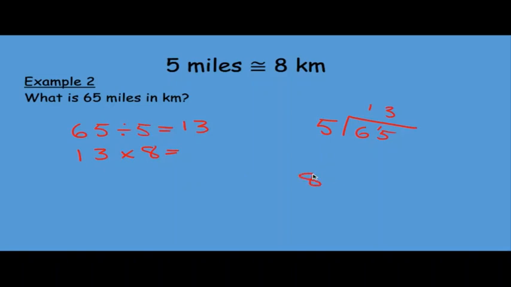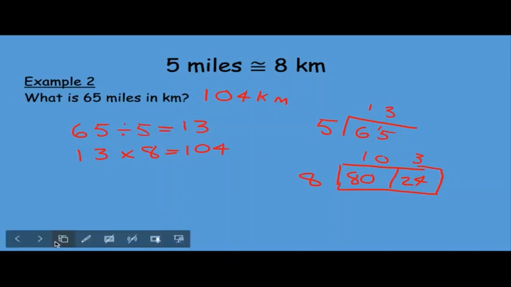So we're going to partition that 13 and turn that into 10 and 3. So 8 times 1 is 8, and add that 0. And then we've got 8 times 3 is 24. So 13 times 8 is 80 and 24, which we can see is 104. So our answer is 104 kilometers.